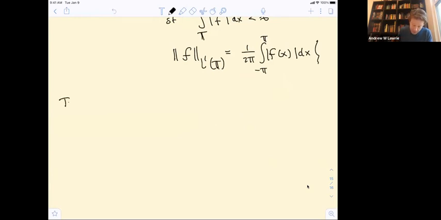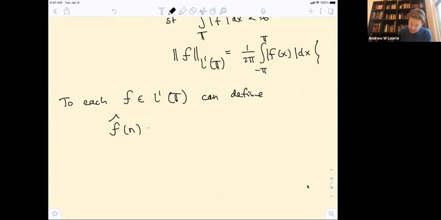So to each f in L1 of the torus we can define f hat of n, the nth Fourier coefficient, which is 1 over 2 pi integral from minus pi to pi of f of y e to the minus i n y dy.